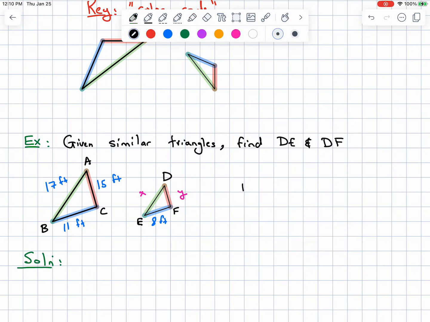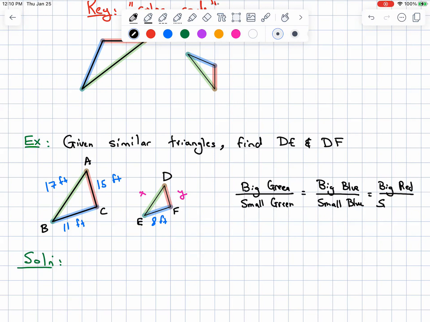You can do big green over small green is equal to big blue over small blue, which is equal to big red divided by small red. That's one set of proportional relationships that you can set up.